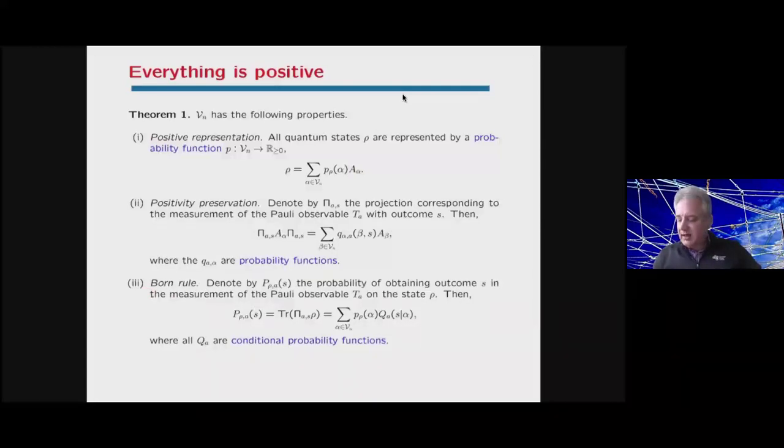That is, if you have a density matrix or quantum state rho, you measure a Pauli observable with a given outcome, then the probability of getting this outcome is given by this formula, invoking probabilities and conditional probabilities. Nothing negative ever occurring. Good, so everything is represented positively.